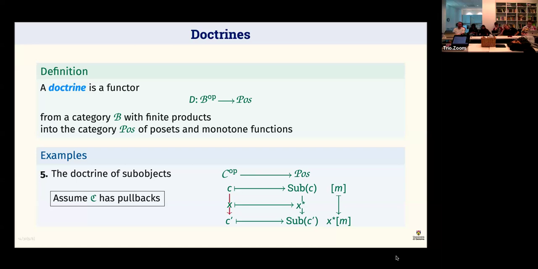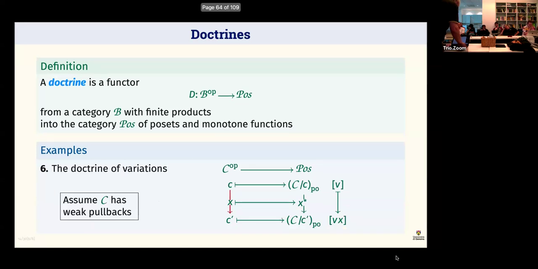If you know what pullbacks are, fine. It's exactly what I need. In fact, I need pullbacks of monos, but then I already have products in C, and pullbacks of monos and finite products ensure all pullbacks in C. And if you don't, well, you can stop me. But as I say, I just thought I should mention this example.